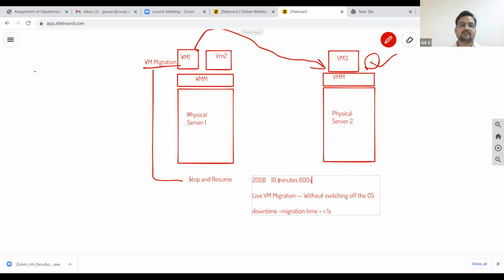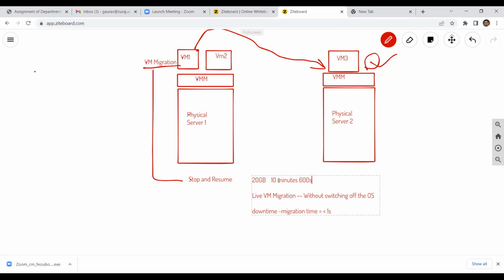Okay, so let us say physical server 1 knows that physical server 2 is the place where we need to migrate. What scheduling do you require? So, for example, there are some backup algorithms where we iteratively update our backups.